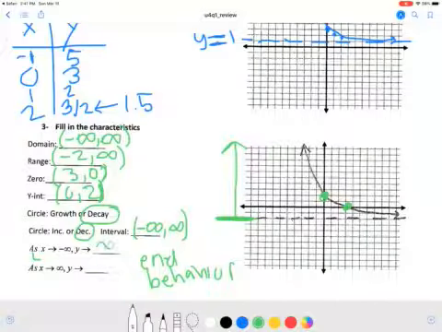So my y is going to approach infinity. As x goes to the right, or gets to positive infinity, my y value approaches something called the asymptote, which is at negative 2. Remember, one is always going to go off to infinity or negative infinity, and one is always going to be the asymptote for our end behaviors here.